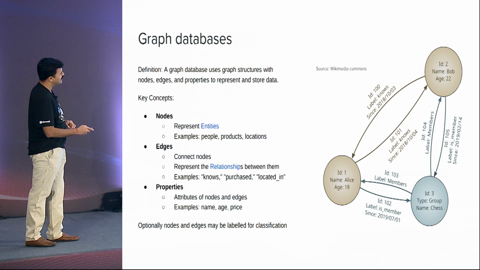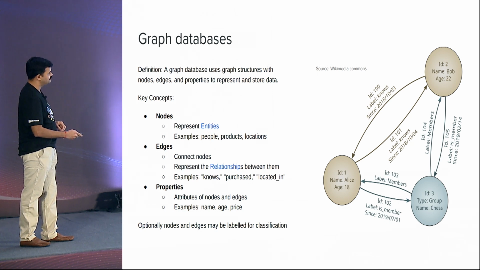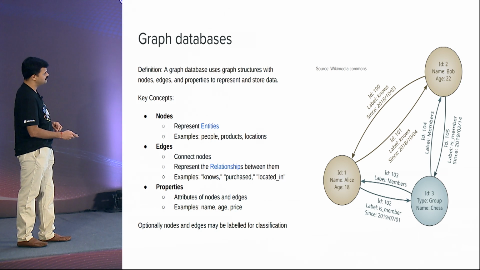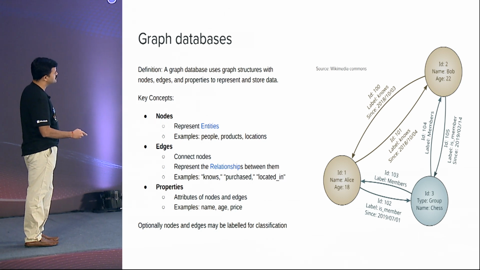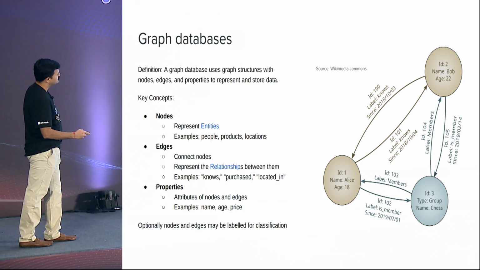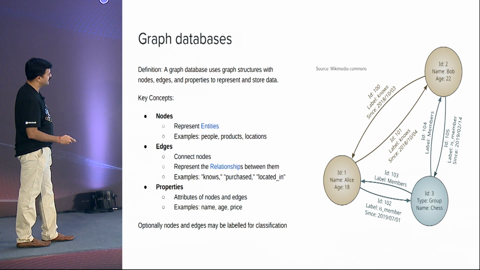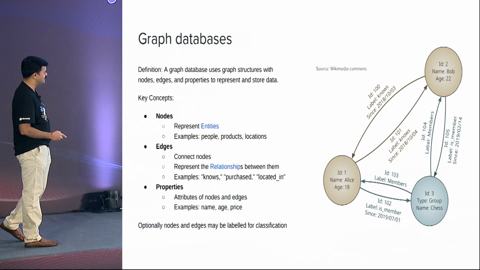Similarly, Bob has age. And then this group, which is of type Chase, again has a different property. Similarly, you will see some attributes there with the edges. For example, since. There will be since with the is member also, and then the corresponding IDs.